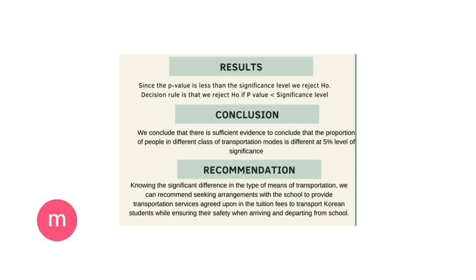For the last part, the recommendation: knowing the significant difference in the types of means of transportation, we can recommend seeking arrangements with the school to provide a transportation service agreed upon in the tuition fees, to transport all the students while ensuring their safety when arriving at and departing from school.